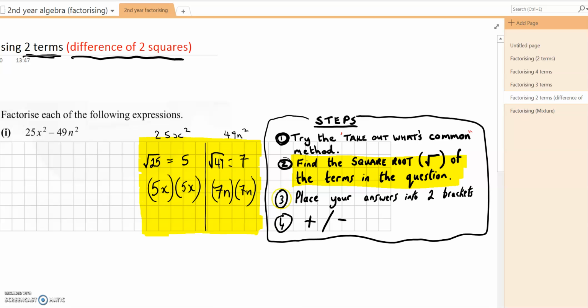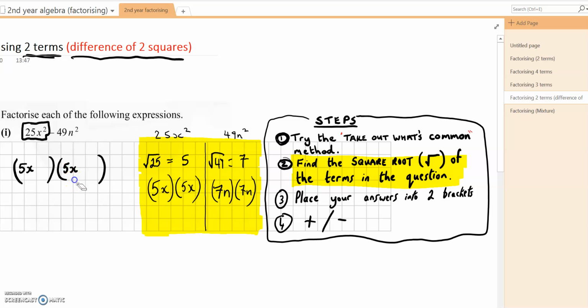Now step 3, you just place those answers into two brackets. So we need two big brackets. And what goes in the first part of each bracket are the roots of the first term. The root of 25x squared, remember, was 5x. So you put 5x as the first thing in the first bracket, but also the first thing in the second bracket.